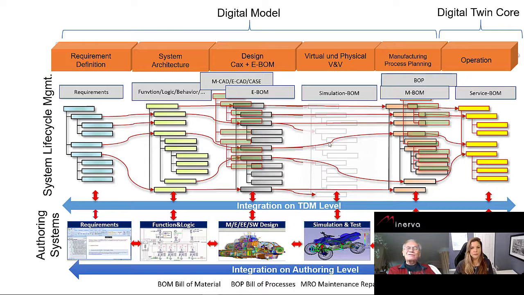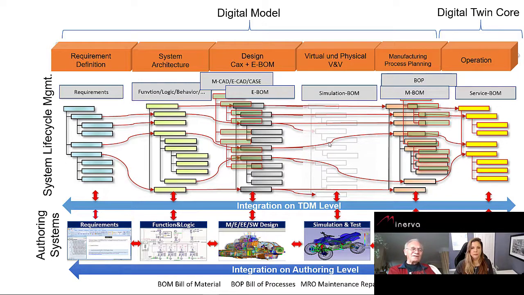The digital model is not a unique set of data. It is split into lifecycle phases. We have a requirement area, a system architecture area, the design development area, the simulation and testing, so the virtual and physical validation and verification. We have the process planning, the production, and at the end the operation.